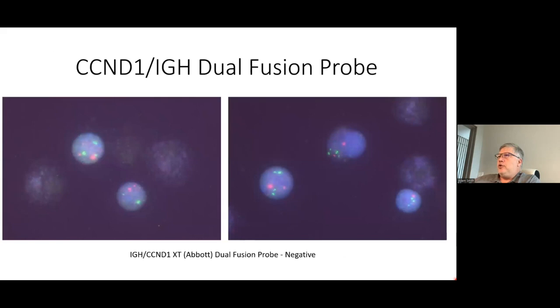This is also the result of the CCND1 IGH dual fusion probe. Not the prettiest. I believe this was a paraffinized sample that we did this on. So, anyways, there was no evidence of positivity for CCND1 IGH using the Abbott IGH CCND1 XT dual fusion probe.